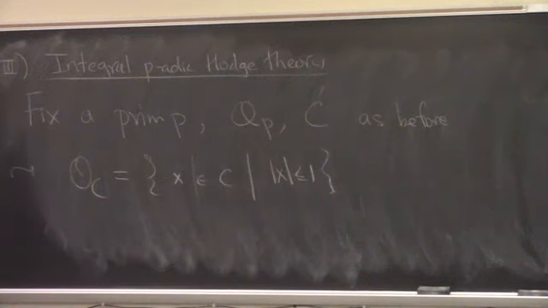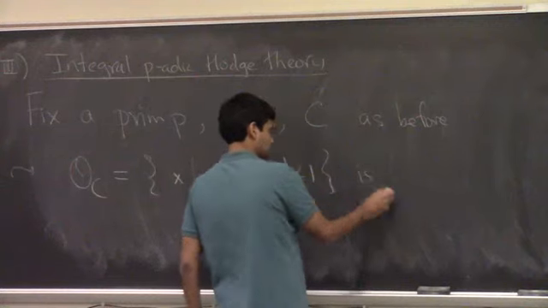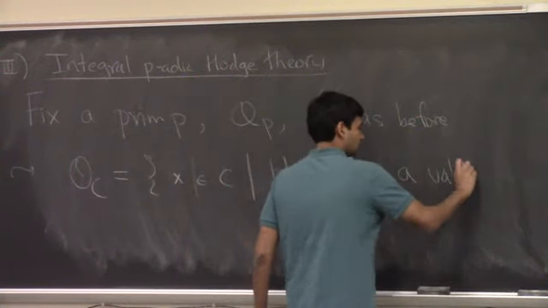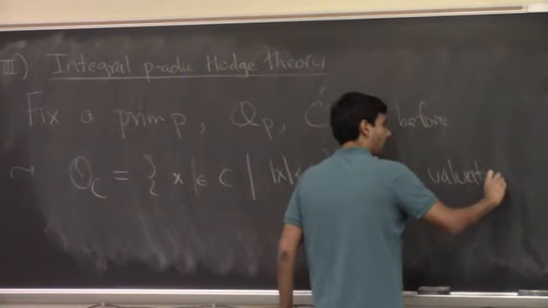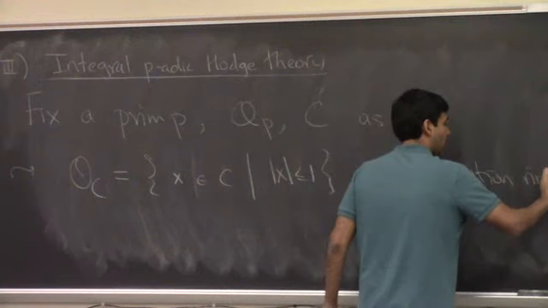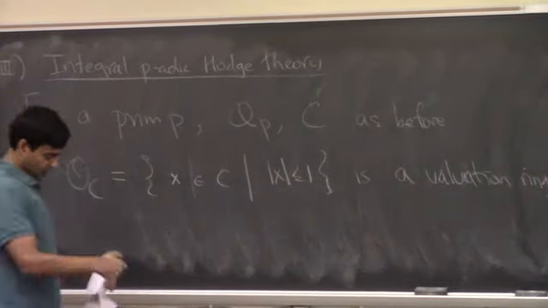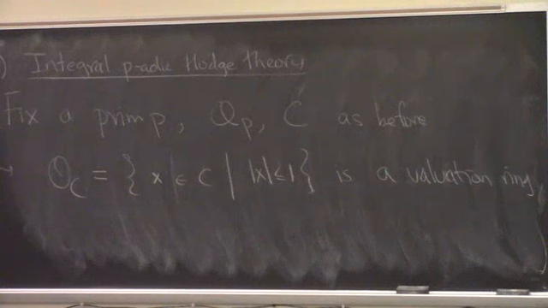It's not just a set or a space, and in fact it's a nice ring. It's a valuation ring, and a valuation ring is in particular a local ring, so it has a unique maximal ideal.